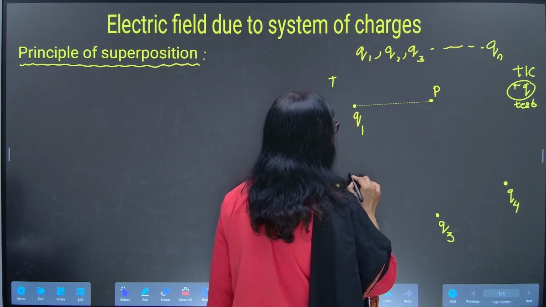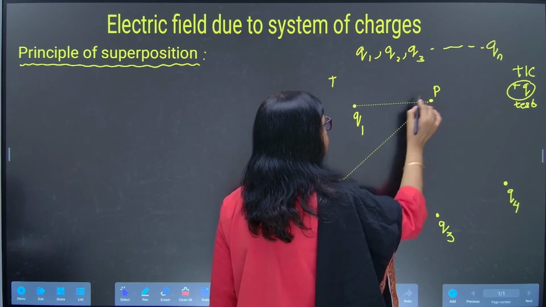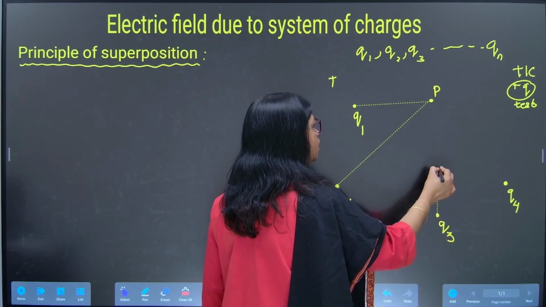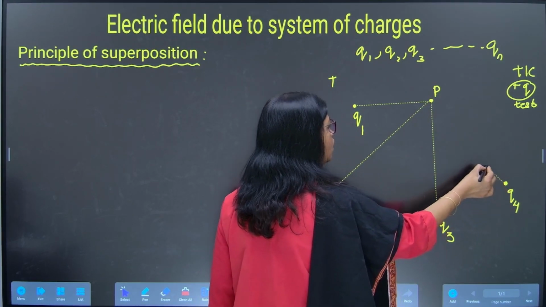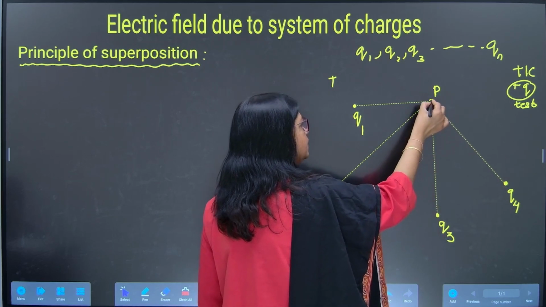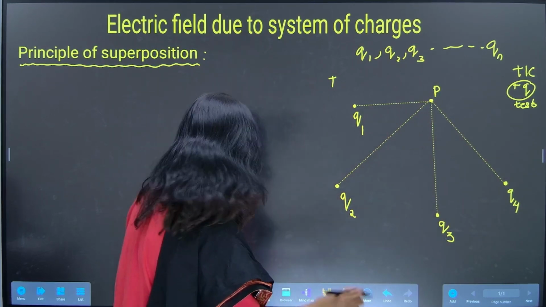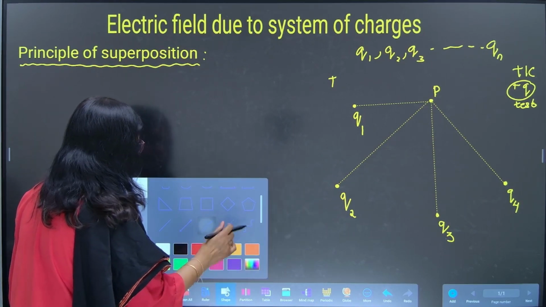Correct? Similarly, let us draw the repulsion between Q2 and P, between Q3 and P, and between Q4 and P. At present, I have just joined them and said that I am drawing the repulsion.